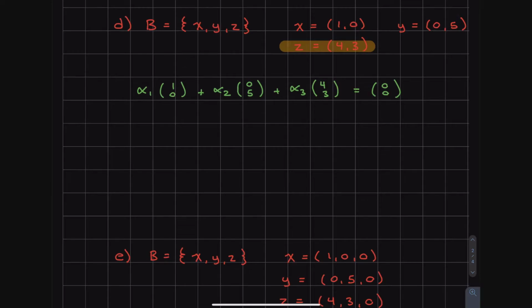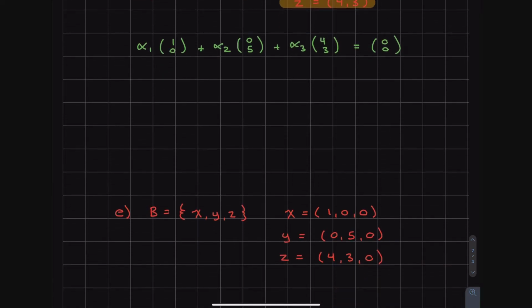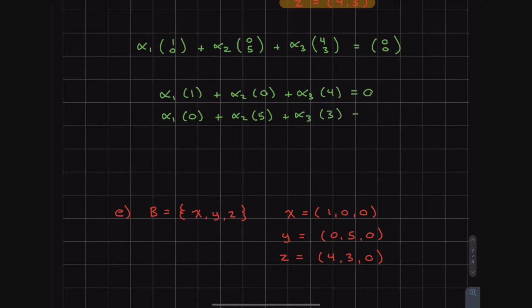So in this case, we write down the equations. We have alpha 1 times 1 plus alpha 2 times 0 plus alpha 3 times 4 is equal to 0. And then in the second equation, alpha 1 times 0 plus alpha 2 times 5, plus alpha 3 times 3 is equal to 0.